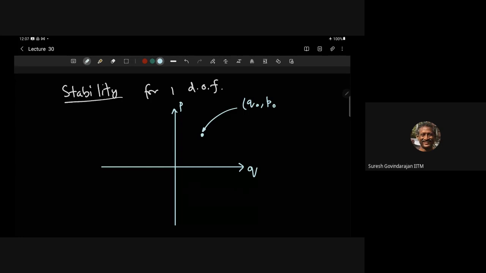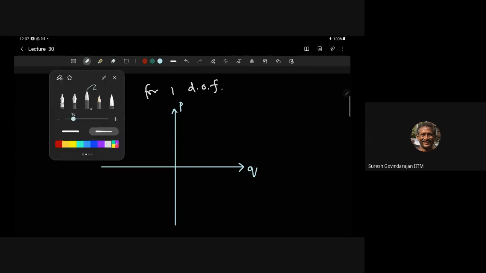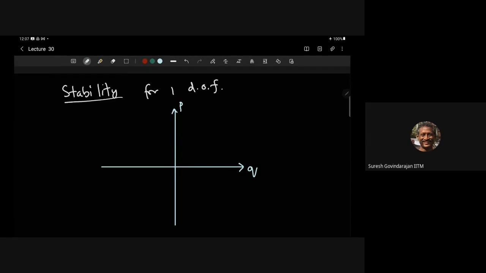Okay, so let's look for a fixed point. Let's consider a point Q0 on the P equal to 0 axis.